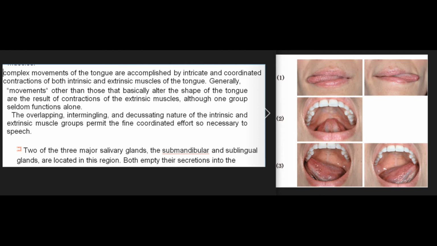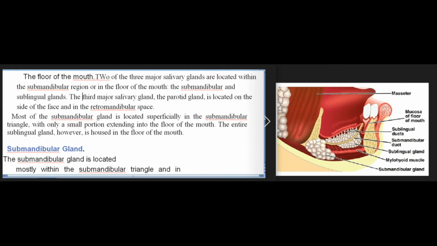to speech. Salivary glands. Two of the three major salivary glands, the submandibular and sublingual glands, are located in this region. Both empty their secretions into the floor of the mouth. Two of the three major salivary glands are located within the submandibular region or in the floor of the mouth, the submandibular and sublingual glands.